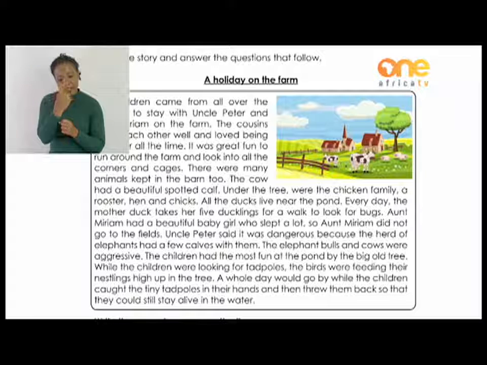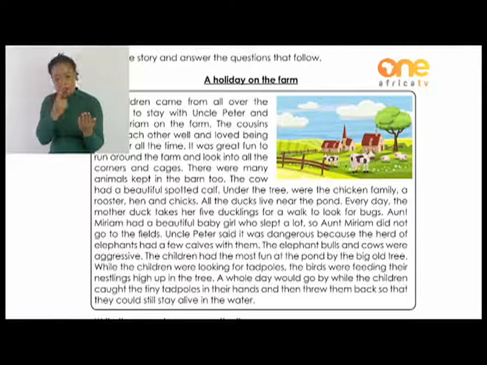What I do is to read the topic first. Our topic is saying a holiday on the farm. Then I will jump to the questions that are given about the comprehension. This will make it easier for you to understand the comprehension.